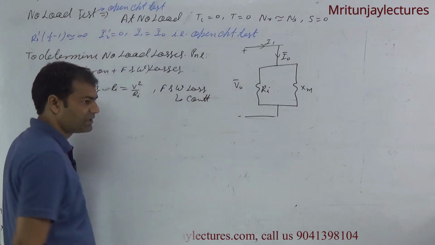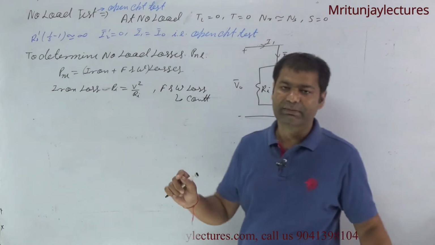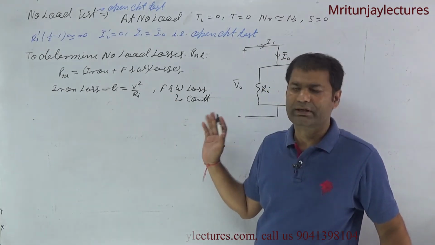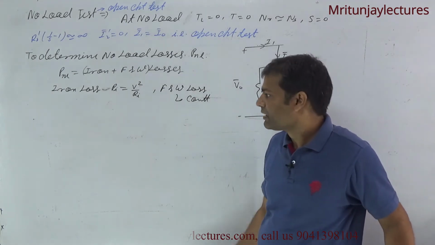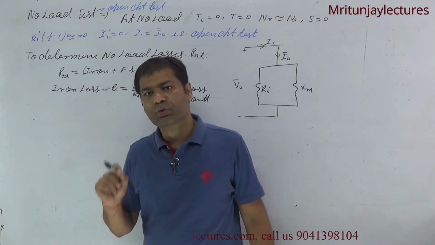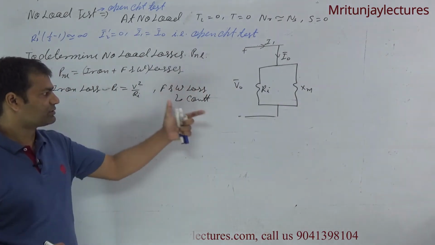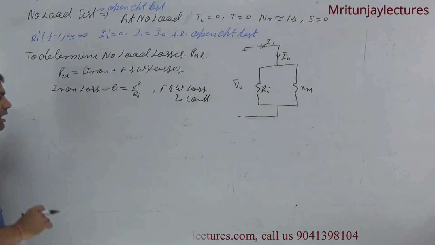Sometimes it depends upon speed. Both losses do not depend upon the load current, or you can say I2 dash. So it is clear that no load loss depends upon voltage and some constant, that is friction and windage loss. Clear?